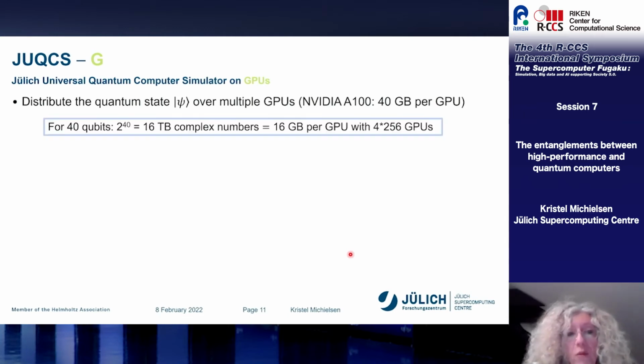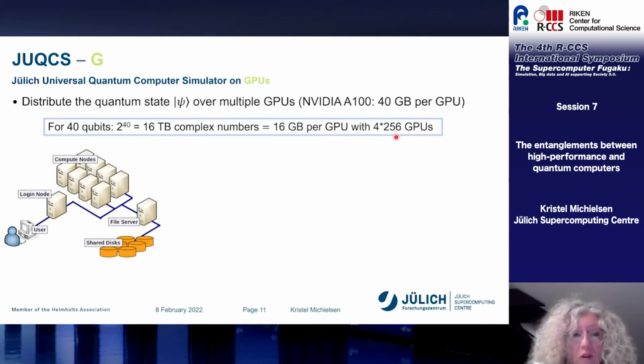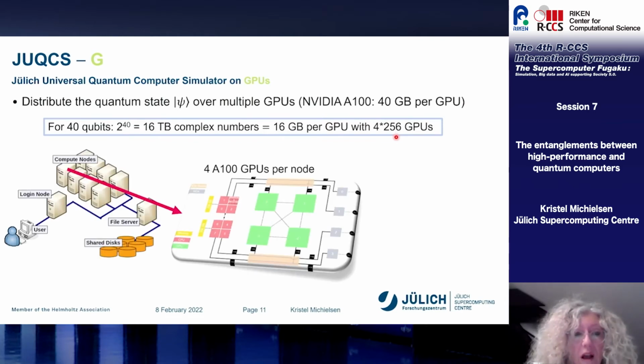Although we can do it differently, I take again the case with 40 qubits. And in this case, we distribute it such that we have 16 gigabytes per GPU. And we consider this 4 times 256 GPUs.